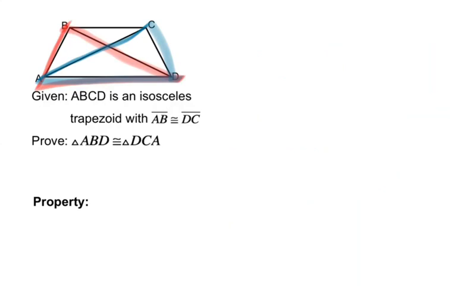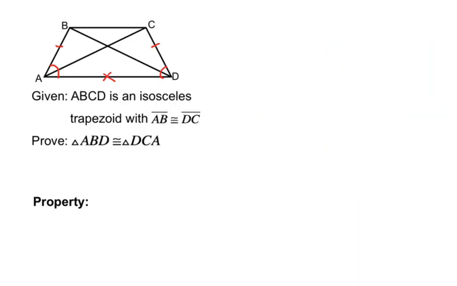But you can easily see that first, AD is common in both. And we also just mentioned that angle BAD and angle CDA are congruent. Why? Because base angles in an isosceles trapezoid are congruent, which we just proved earlier. Now by the givens, we know that these two sides are equal to each other.